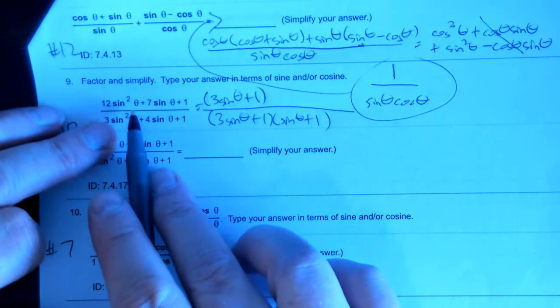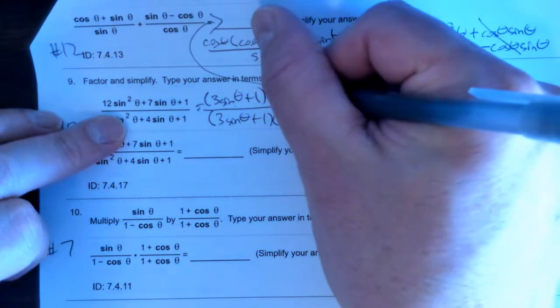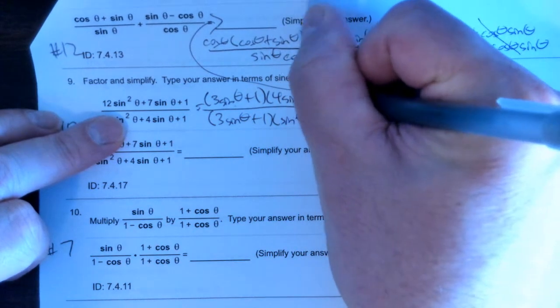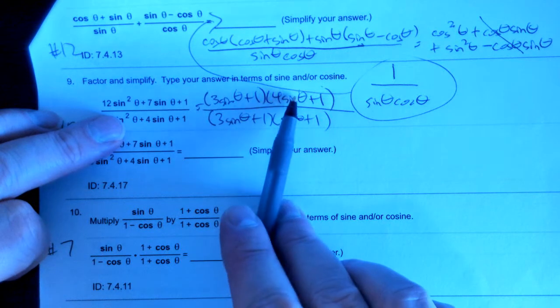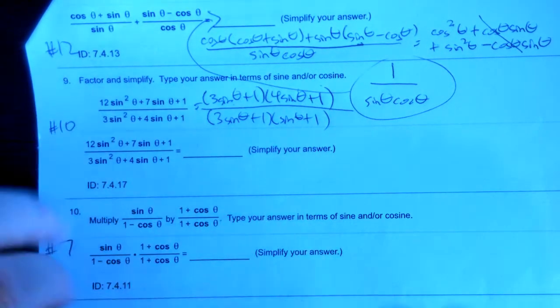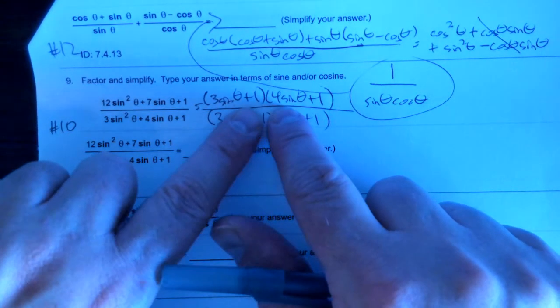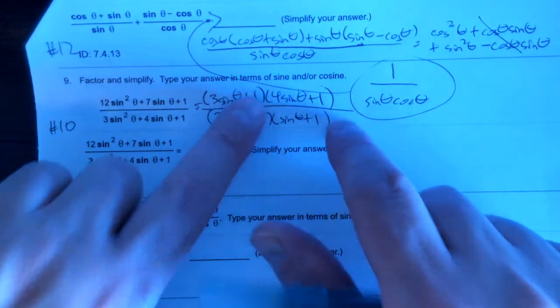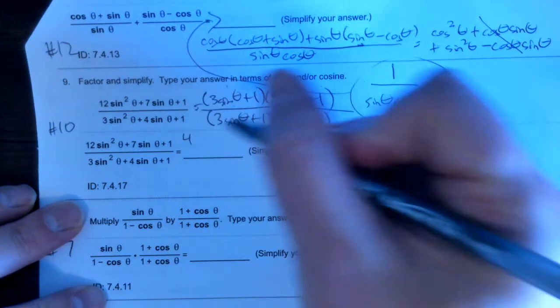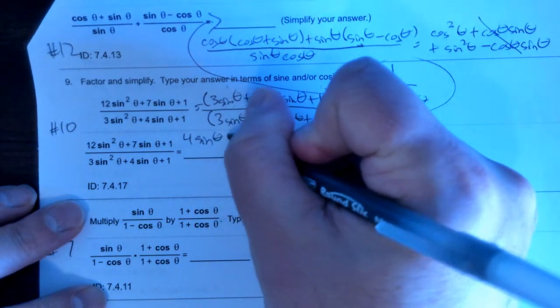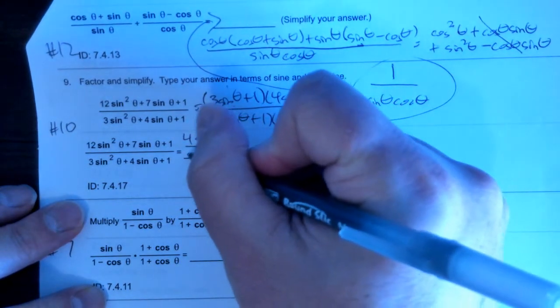And so then you end up with 4 sine plus 1. So basically 3 sine times 4 sine is 12 sine squared, and then 3 sine plus 4 sine is 7 sine, and then you get 1. So then this cancels, and you end up with 4 sine theta plus 1 over sine theta plus 1.